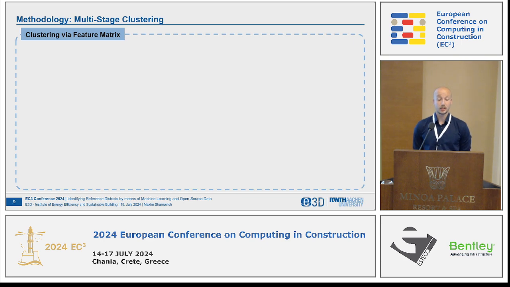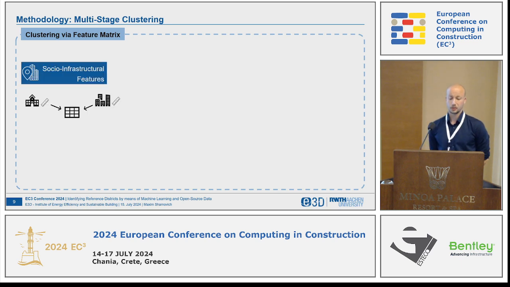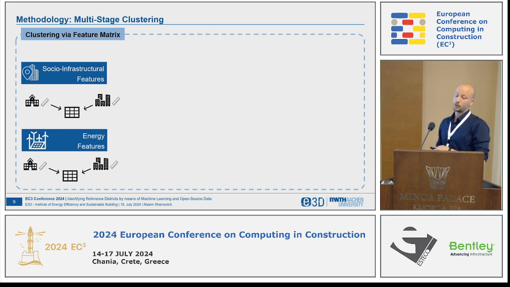And it's a multi-stage clustering process. So as I said before, in the first stage, we're clustering the features of the socio-infrastructural approach. So considering a feature matrix, each row represents a building and each column represents one of the features. And secondly, the energy features we also cluster separately.